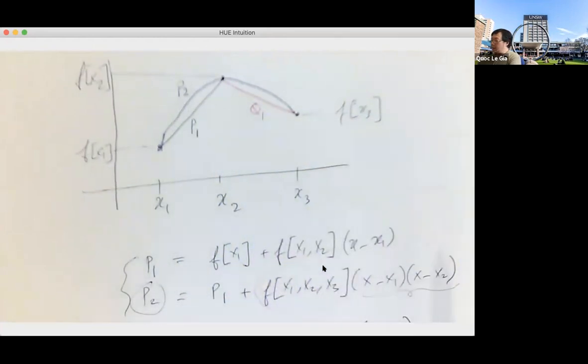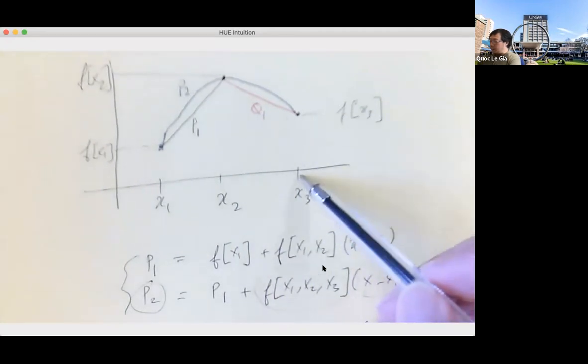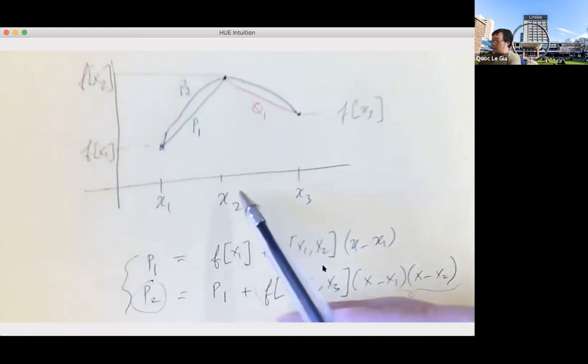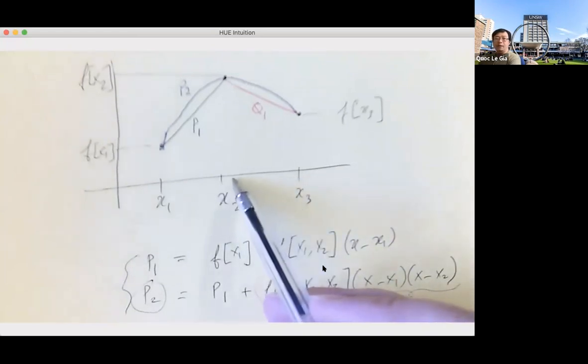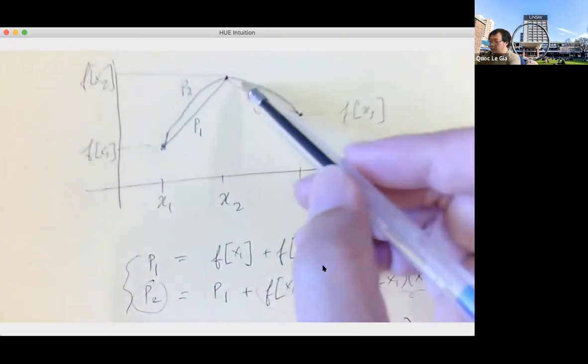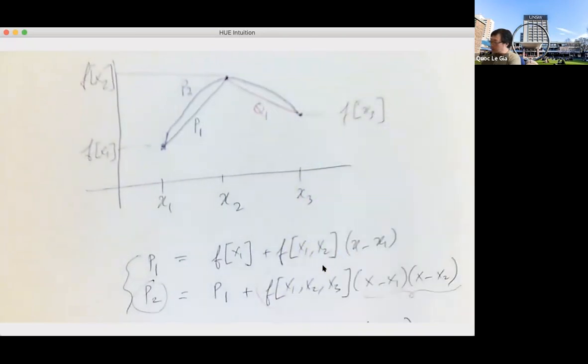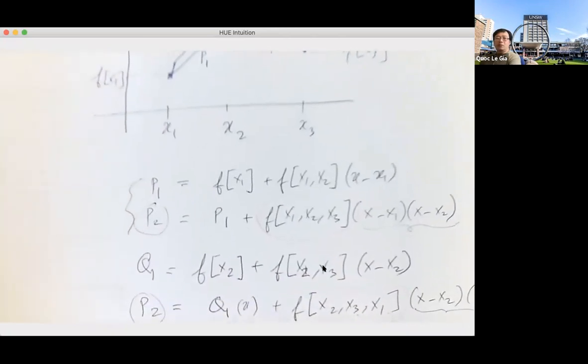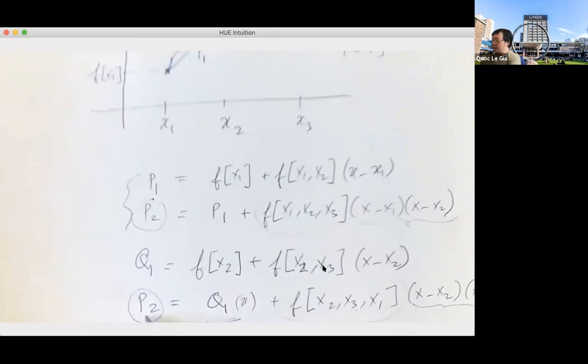Then you can construct P2 from the right by starting from x3. So maybe I'll start from x2. First I construct Q1, a line that goes through x2 and x3. Then you construct P2 from Q1.